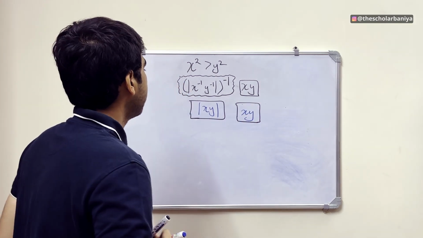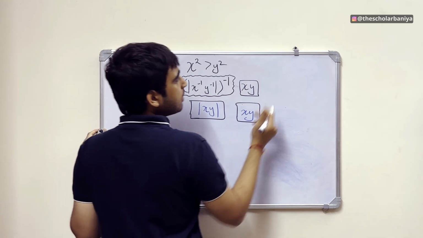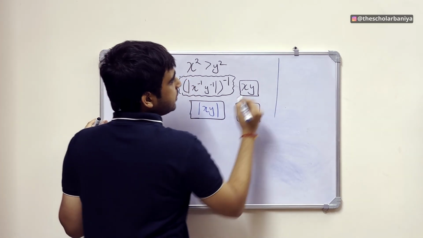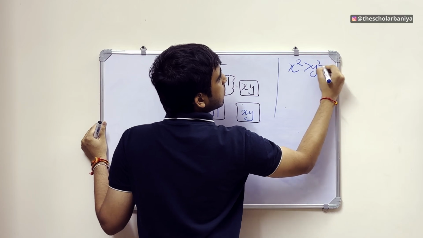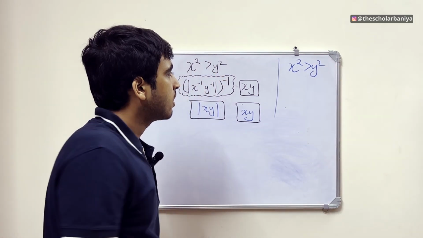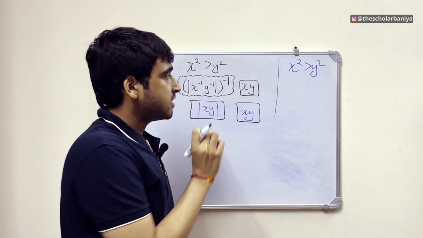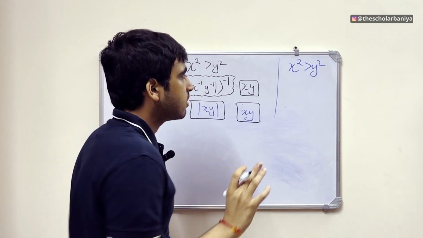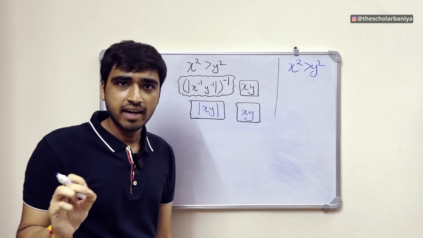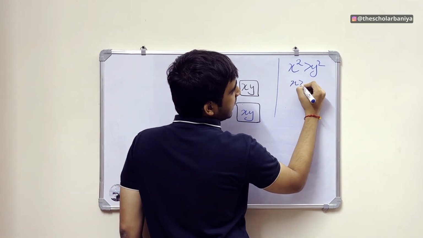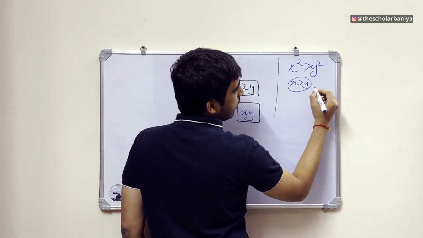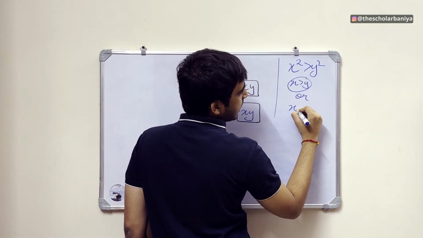Okay, now coming on to the next thing, we are given x square is greater than y square, right? Whenever you have such a thing, you should always remember that if x square is greater than y square, then both possibilities are there, that x can be greater than y or x can be less than y.